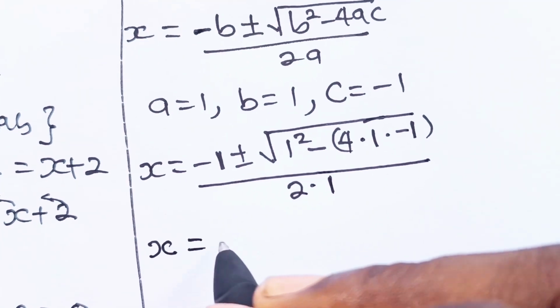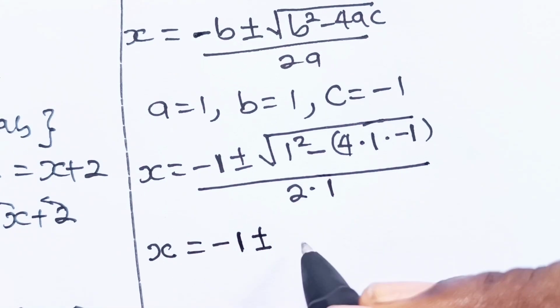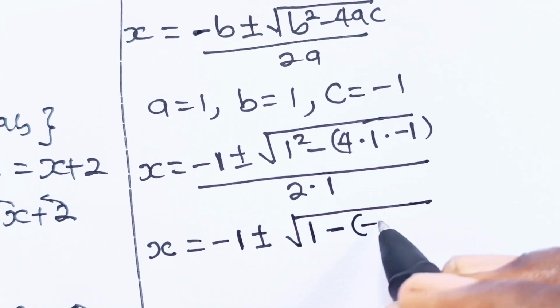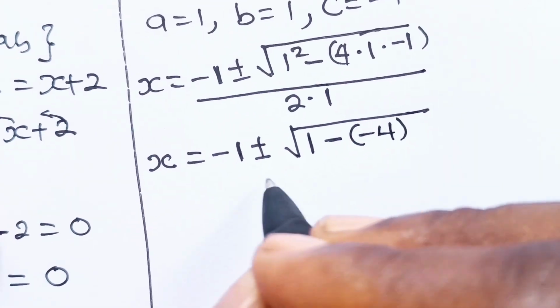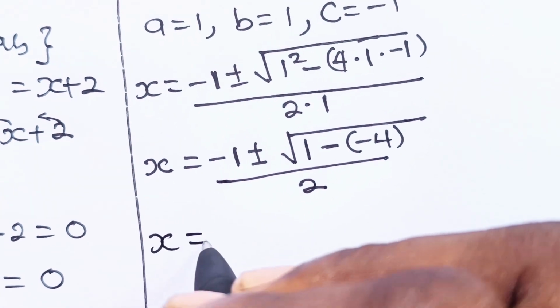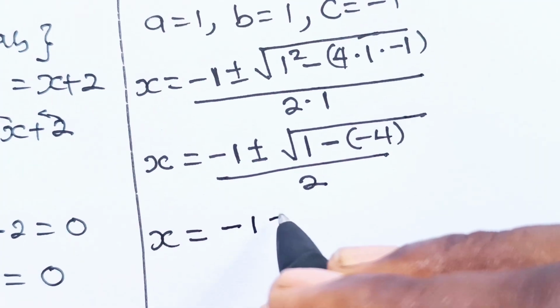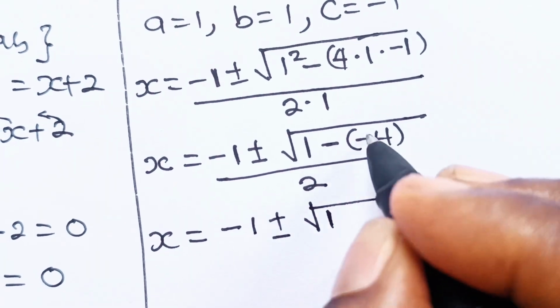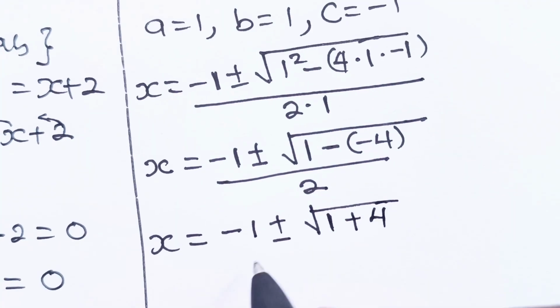So we have x is minus 1 plus or minus square root of 1 minus minus 4, everything divided by 2. So 1 minus minus is plus.